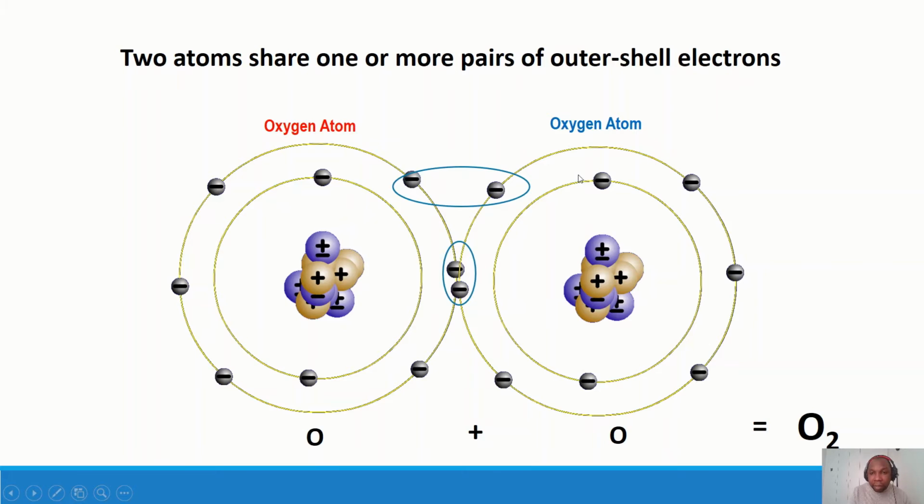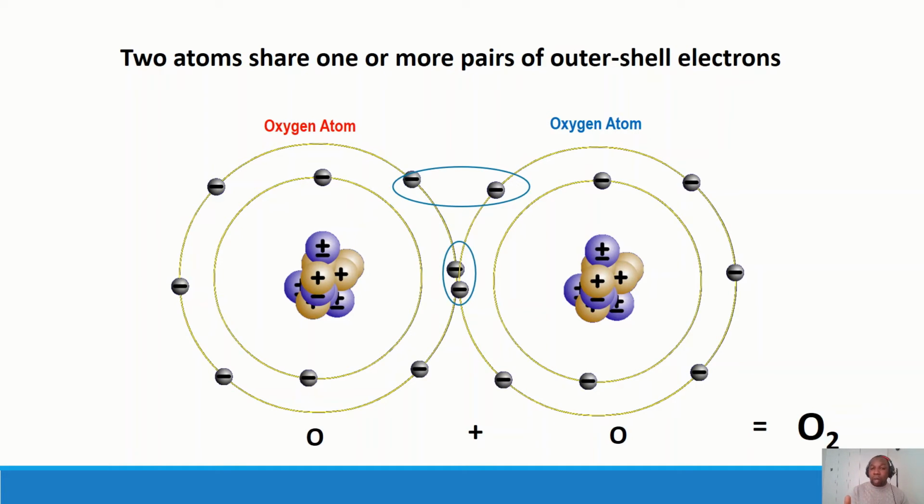If you also count for this, you're going to have 1, 2, 3, 4, 5, 6, 7, and 8. So the two oxygen atoms are now having 8 electrons in their outermost shell, and that's why they can come together to form the O2.